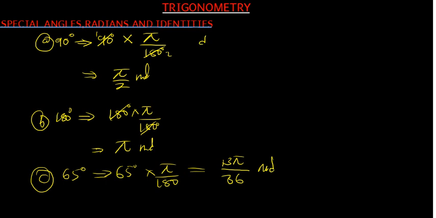Alright, what if you've been given, let's say, 210 degrees? We want to convert to radians. So that becomes 210 degrees multiplied by pi over 180 degrees. So of course, this 0 can cancel with that 0. Now what number can go into 21 and also into 18 without leaving a remainder?